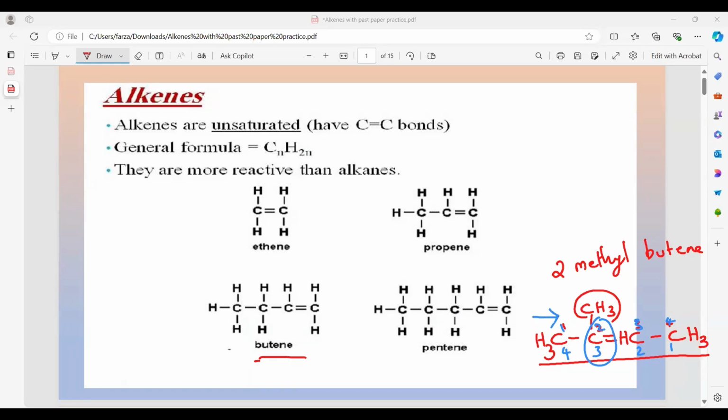I will start numbering in this manner because my goal is to give the double bond the lowest possible number. Note any branches or groups attached to the main chain. Give them numbers based on their position. So here, the methyl group is attached to the second carbon. The double bond is also on the second carbon. So the name comes in as 2-methyl butene. Hope that's clear.